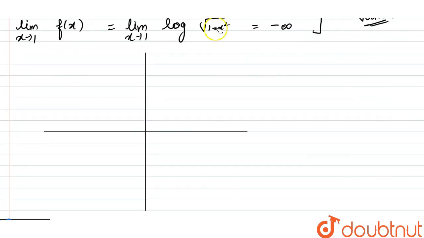and since the function is defined from minus 1 to 1, and at minus 1 and plus 1, it is attaining asymptote.